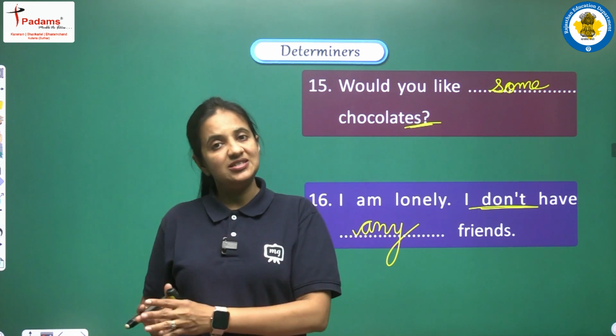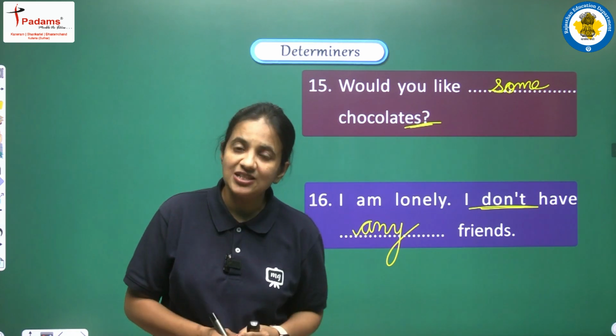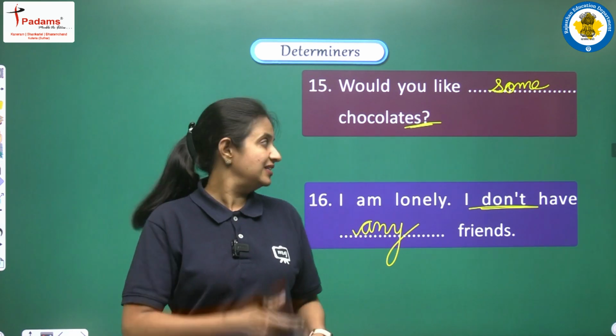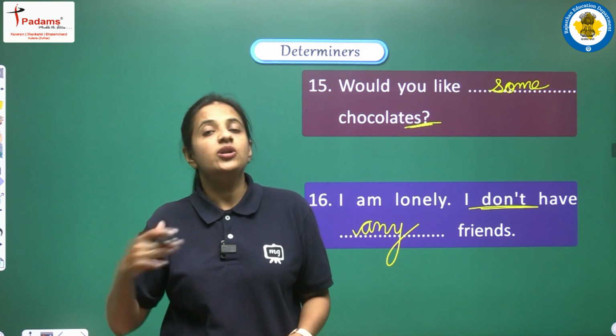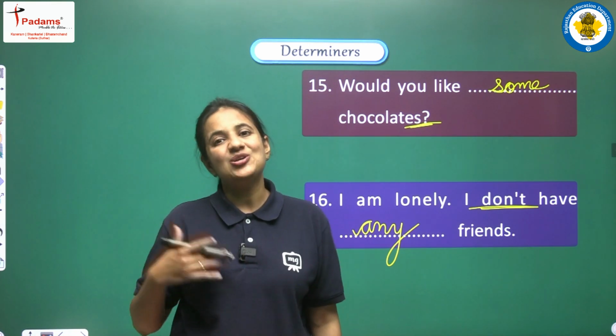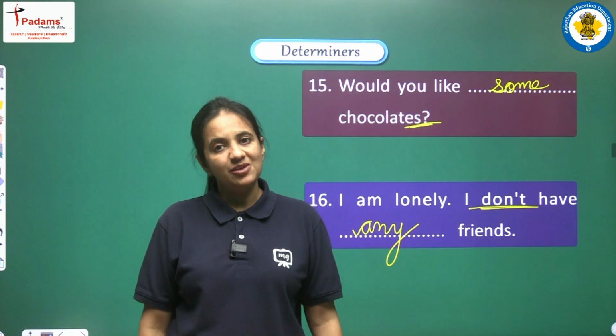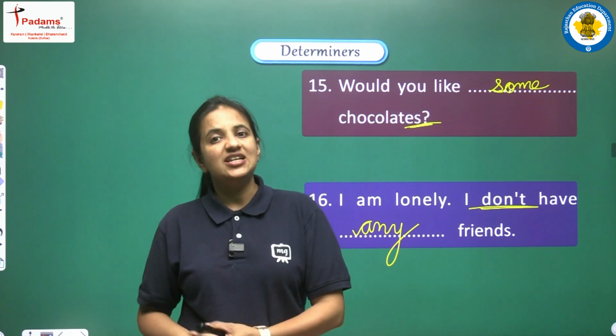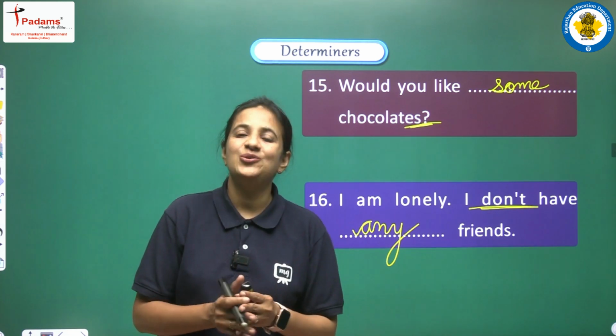All the rules we have seen, and we have discussed so many examples related to all the rules, and we have done the practice exercise also to revise all the rules and uses. So now I am very sure that these two determiners, some and any, all the uses, all the rules, everything is clear to you all.